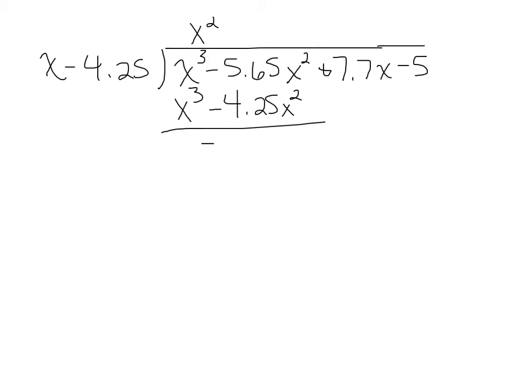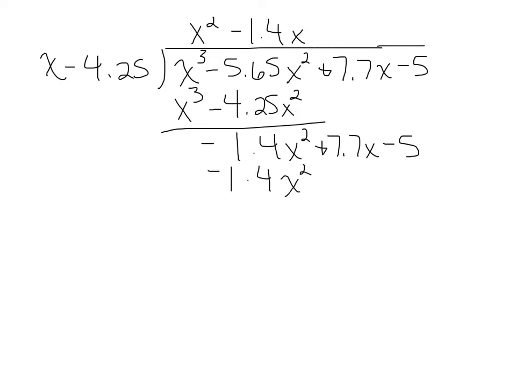I get a negative 1.4. I need a negative 1.4x up there. Multiply, gives me that negative 1.4x^2 there. Multiply negative 1.4 times a negative 4 1/4, 5.95. I'm going to call it 6. Subtract.